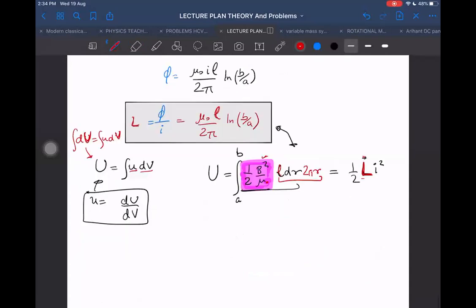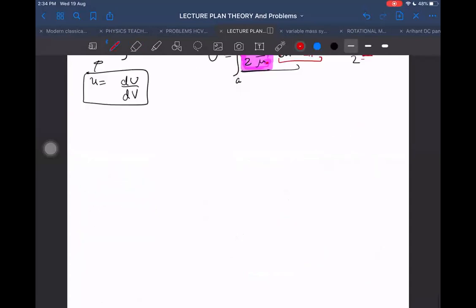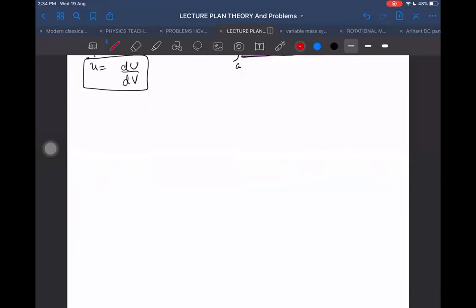And then some other cases of self-inductance. Let me think if we can have some other case. Oh yes, one more thing I am remembering now. Here I took a cylindrical shell.